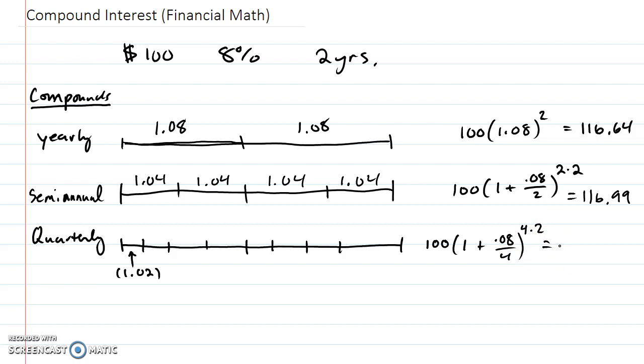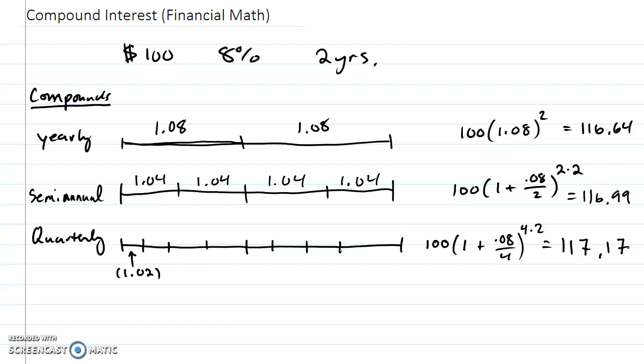So if we end up doing that, I'm going to end up with $117.17. So instead of gaining 30 cents, we gained closer to 20 cents.